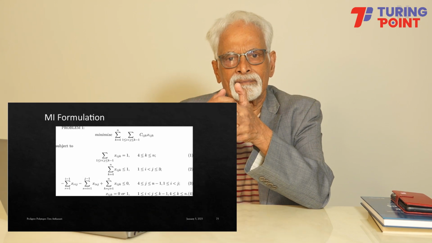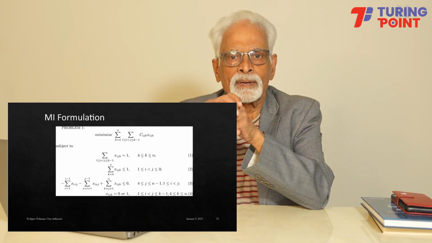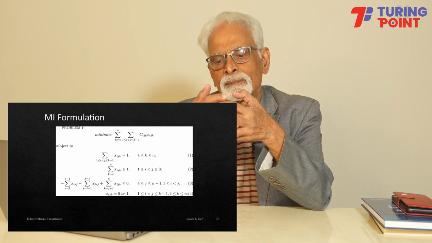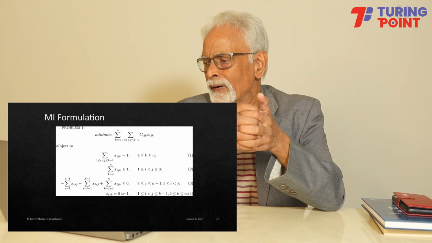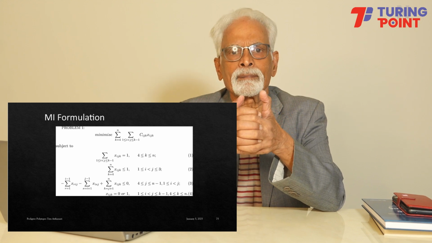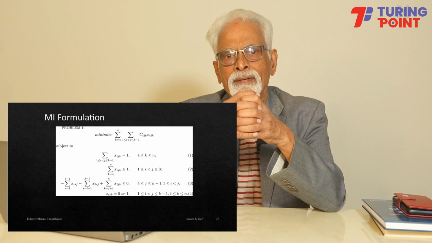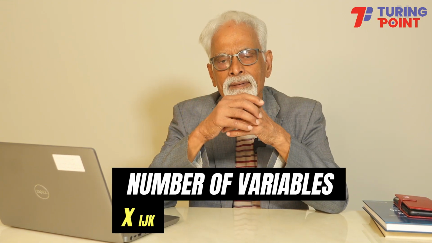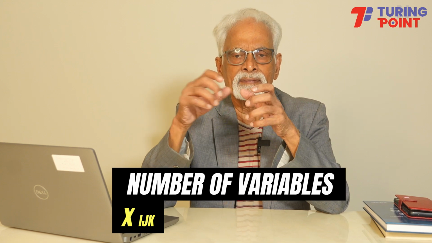So naturally, this polytope is going to be in the flat defined by these equalities. And of course we have of the order of n to the power 3 variables, which we could denote by tau n, that is, the number of variables, the x i, j, k's.